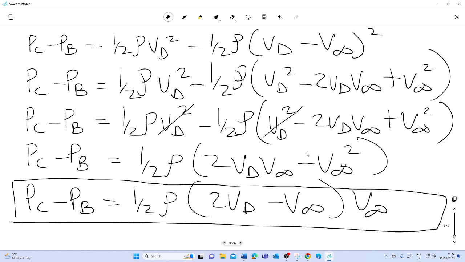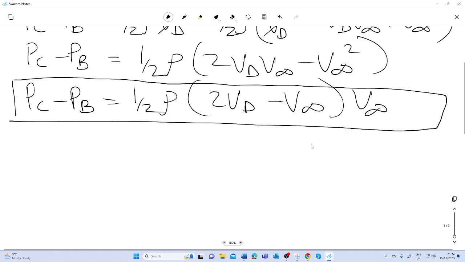And this becomes our PC minus PB equation.